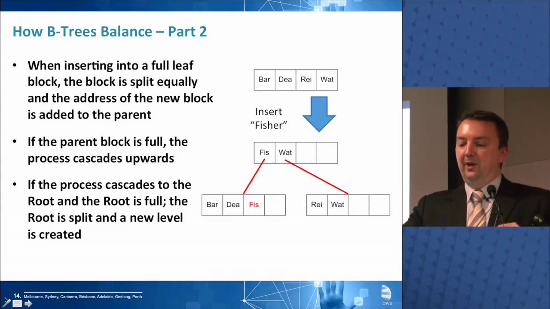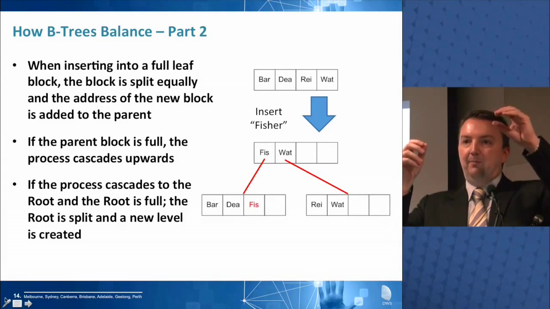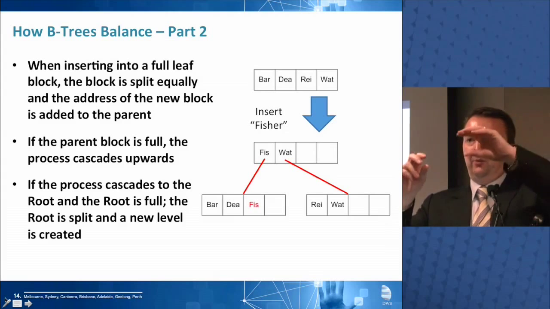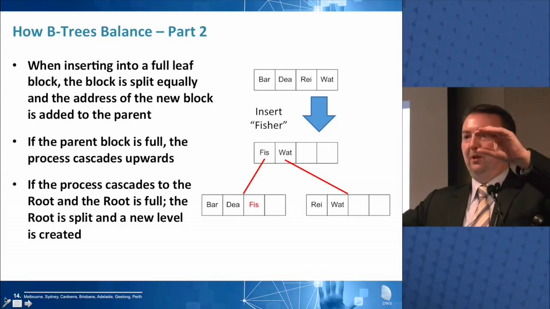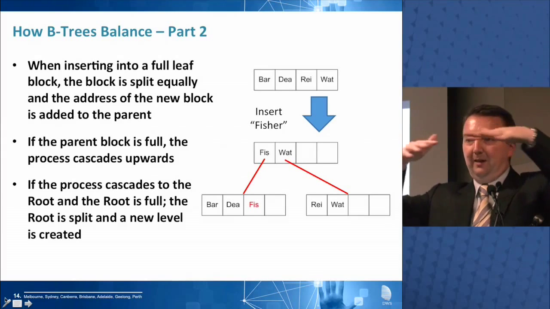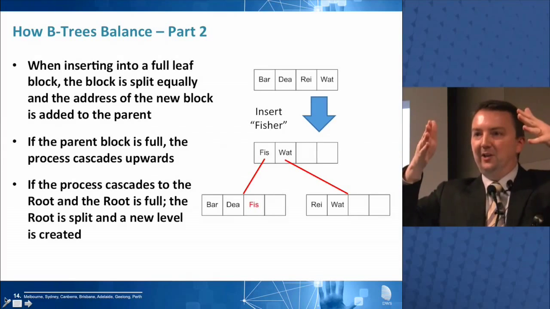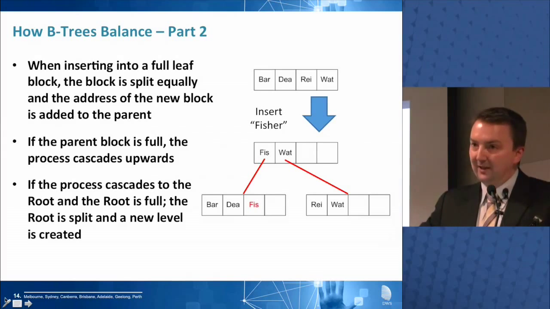The root will have 2 children, Barton to Watson, and then another child, Watson to beyond. Up to Watson, the left-hand side will be as full as it is, and the right-hand side will be as full as it is.